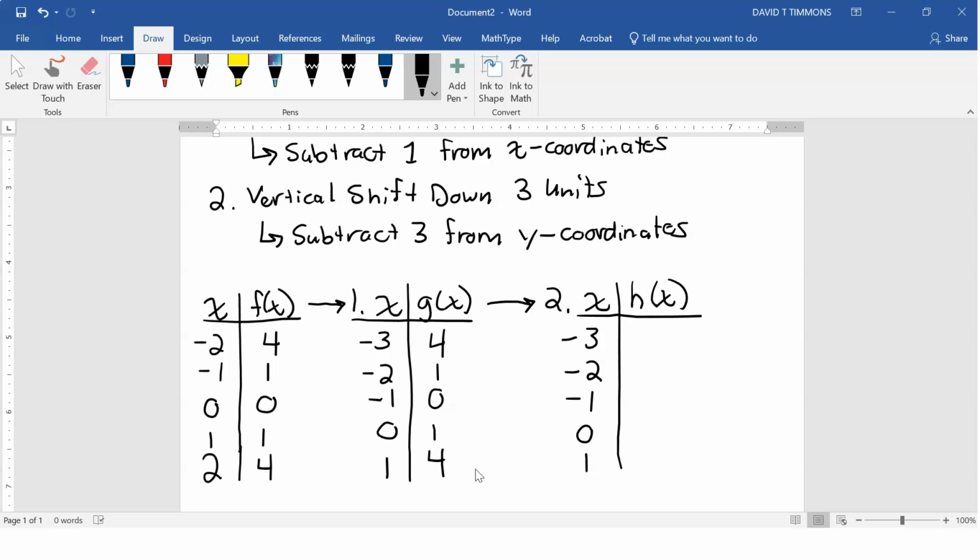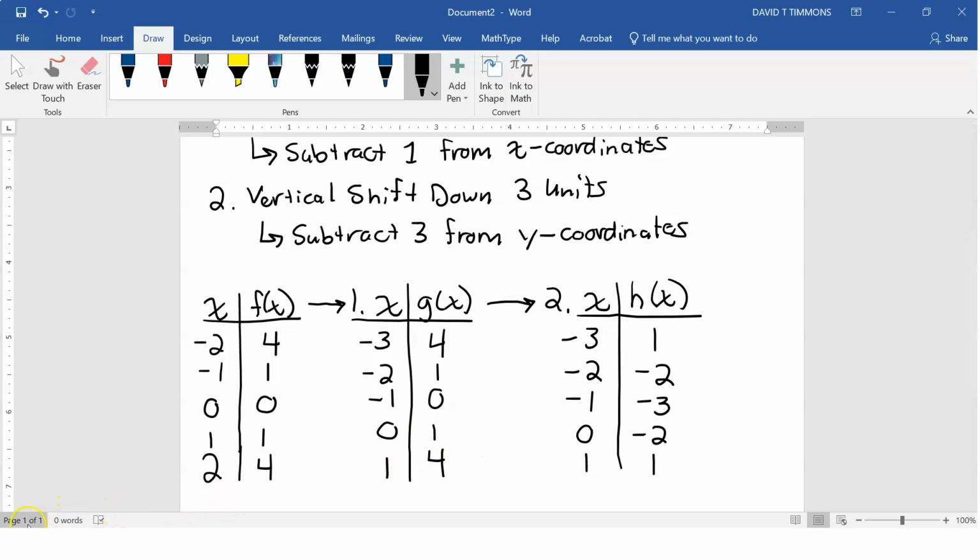And now we need to subtract 3 from the y coordinate. So 4 minus 3 would be 1. 1 minus 3, minus 2. 0 minus 3, minus 3. 1 minus 3, minus 2. 4 minus 3, 1. All right, so notice we've gone through all the manipulations algebraically using the table of coordinates.